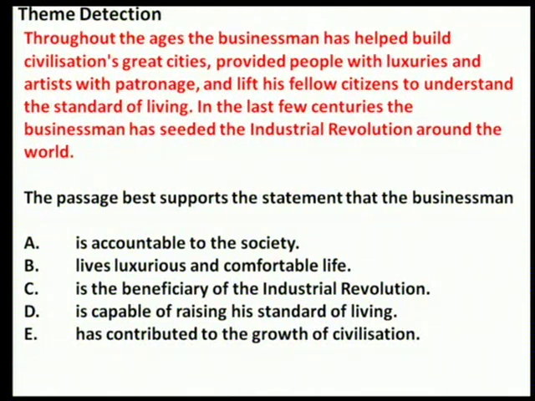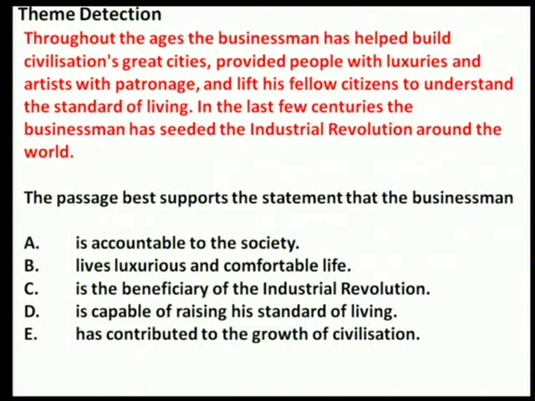It talks about how industrial revolution has impacted the society. The passage best supports the statement that the businessman is accountable to the society, lives luxurious and comfortable life, is the beneficiary of the industrial revolution, is capable of raising his standard of living, has contributed to the growth of civilization.